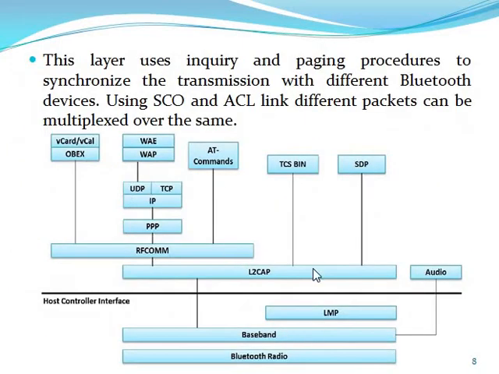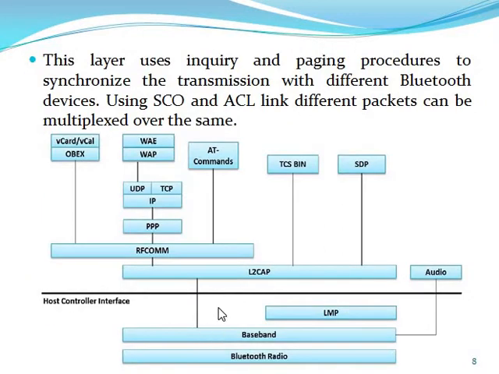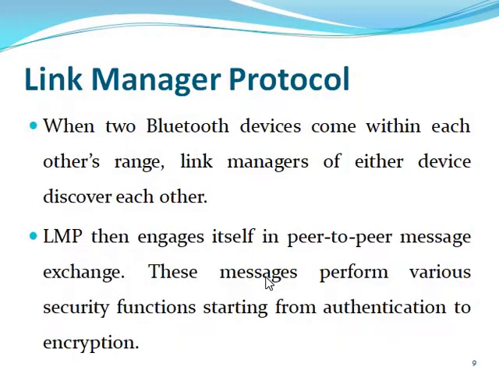So you can see that this is the structure of Bluetooth. At the base, you can see the baseband, then LMP and audio. The baseband is connected to the L2CAP. And what is the use of the baseband? It is the radio frequency. You can connect to another wireless device, and then L2CAP is also connected.